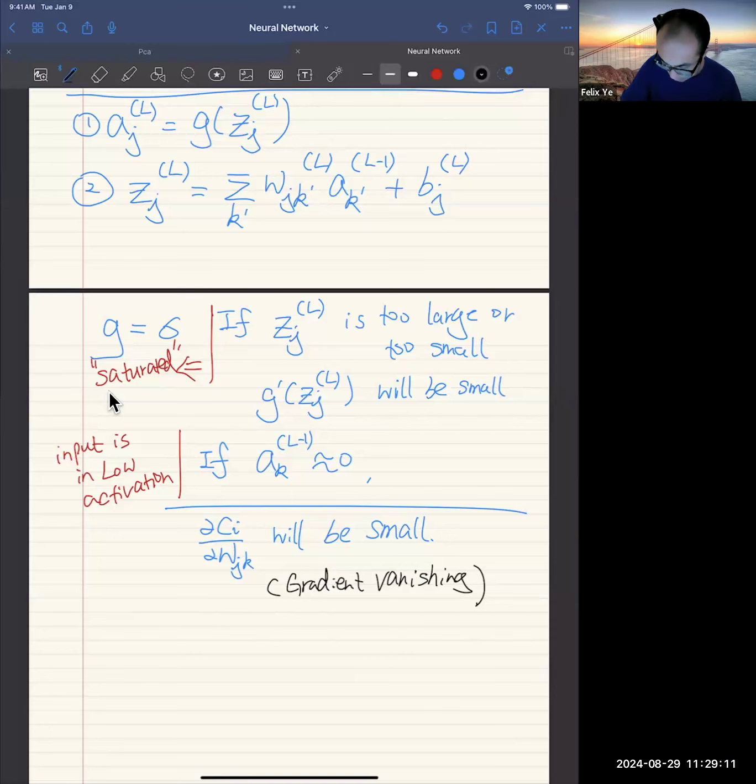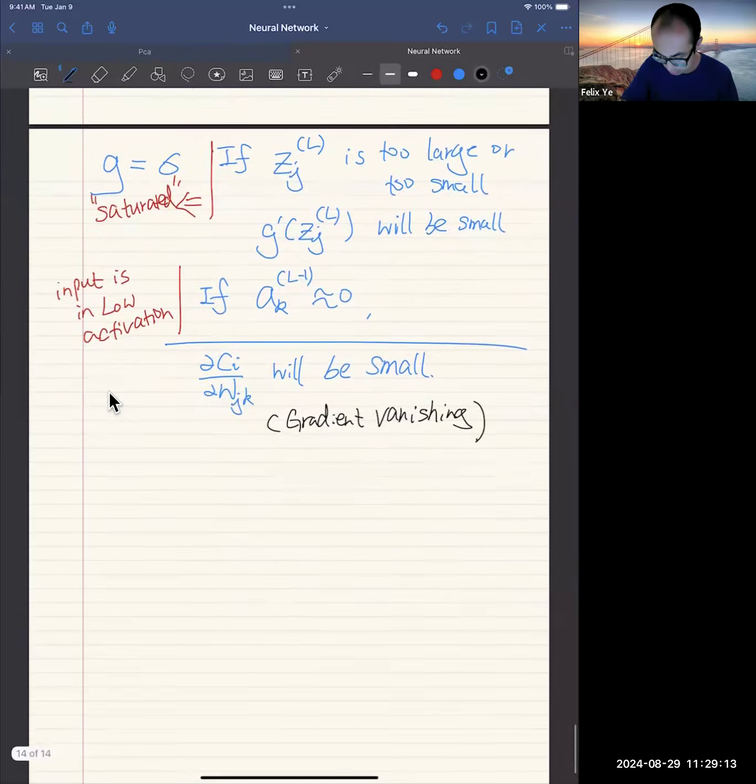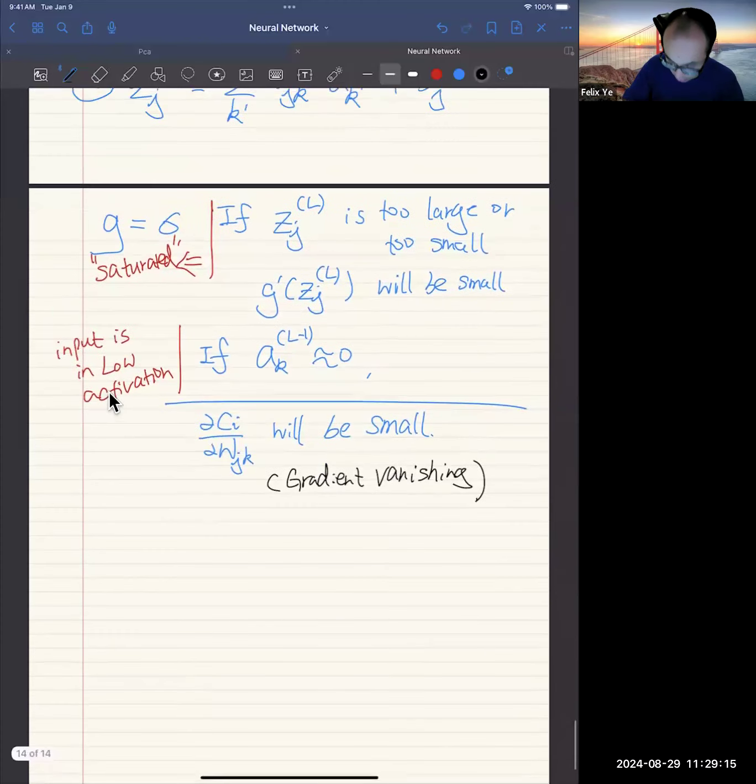All right, so let me be a little bit careful. There are multiple solutions for the gradient vanishing. One is, to solve this saturation problem, you could use a different activation function. For example, ReLU doesn't have that problem, right? So you can use ReLU here.